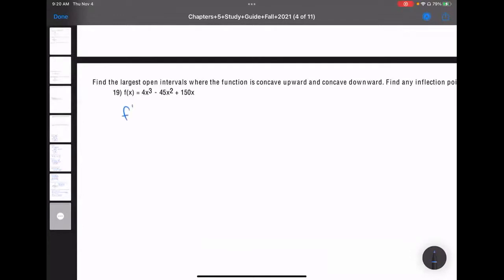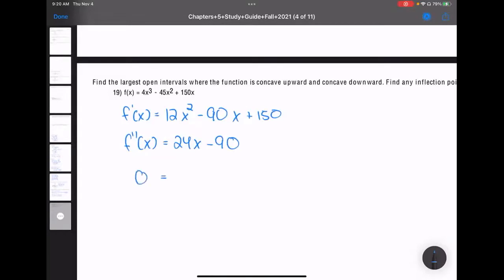I'm going to show. So first we just take the derivative. And take the second derivative. 24x minus 90. Okay, and now we set this equation equal to 0.